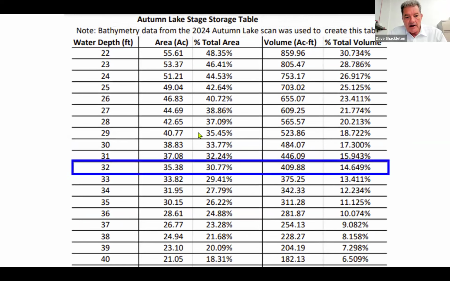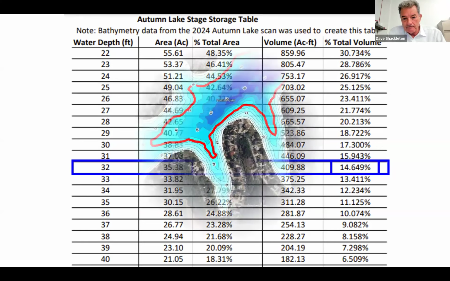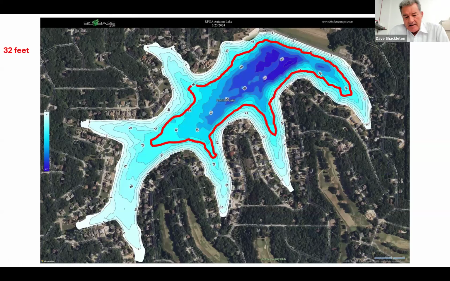So here we're looking at, if you look in the left-hand column, 32 feet deep, 30.7% of the total surface area is encompassed by the 32-foot contour, and 14.6% of the water volume is at 32 feet or deeper. Why that is important is, and that is actually the 30-foot contour, but it gives you an idea pretty much of the surface area of the 32-foot contour.